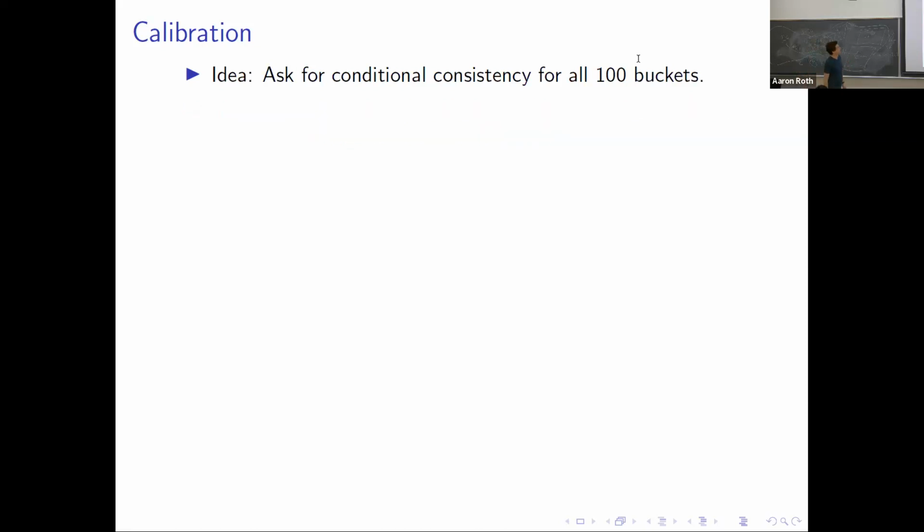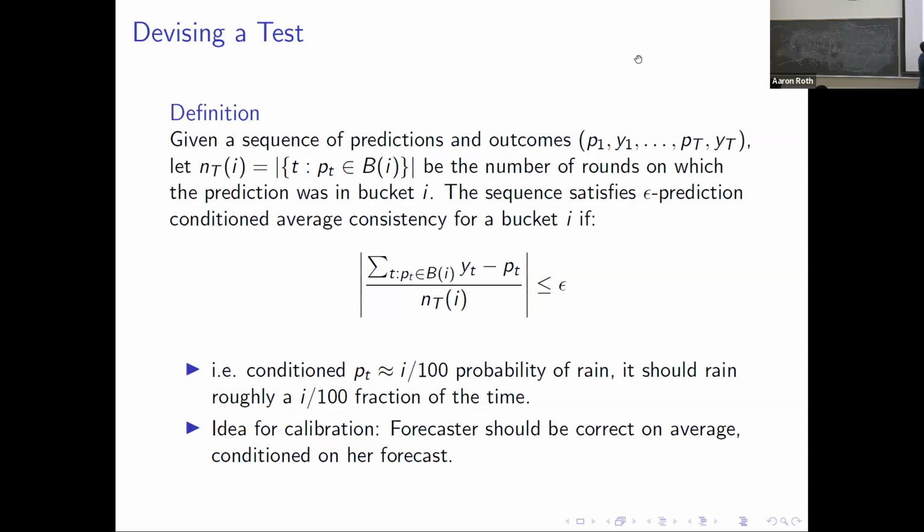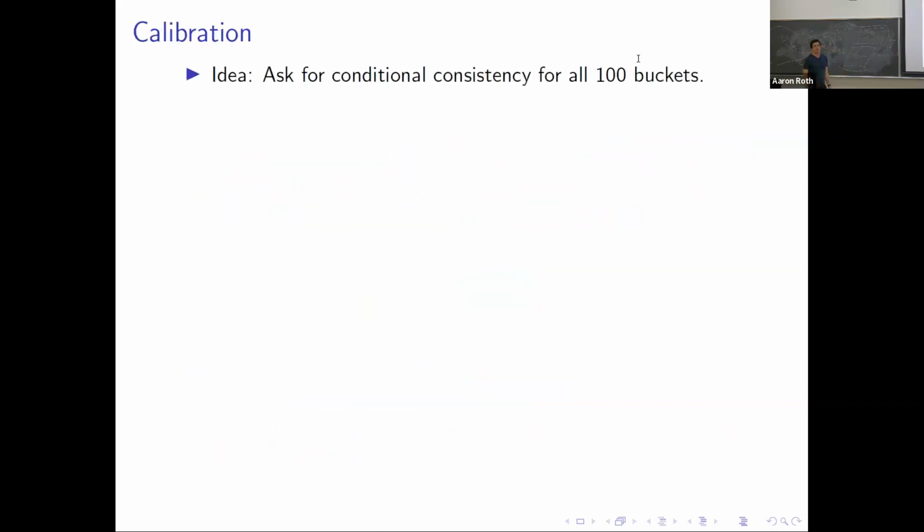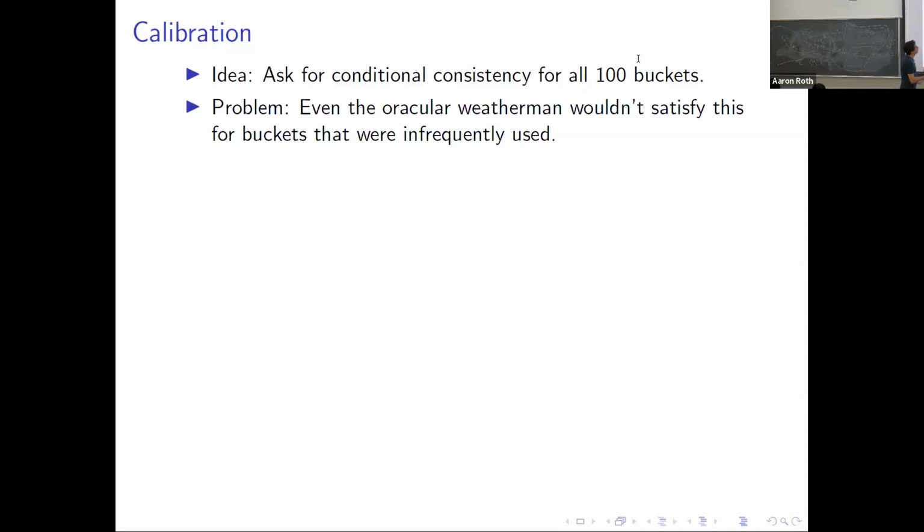Then his conditional average consistency error would be bad for the 50% bucket, because there was only one such day. He predicted a 50% chance of rain, and then no matter what happened, the outcome was 1 or 0. It can't half rain. So if he only predicted a 50% chance of rain once, there's no way on that bucket that any weatherman, including the oracular weatherman, could have conditional consistency error better than 0.5.